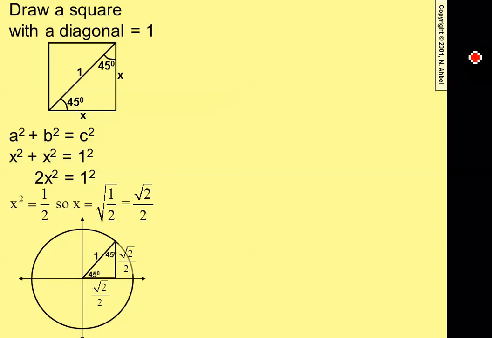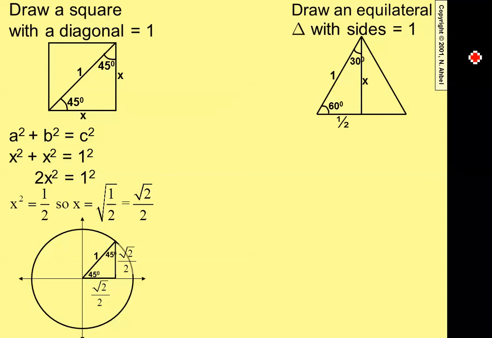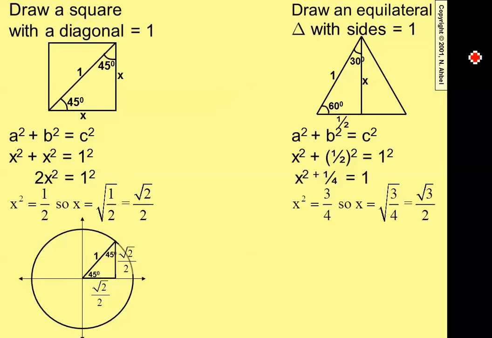If we superimpose that triangle on the unit circle, we see that the lengths of the sides are radical 2 over 2, both of them, and the radius is 1. Now let's draw an equilateral triangle and draw an altitude. Now we get x squared plus 1/2 squared equals 1 squared, or x squared equals 3/4.